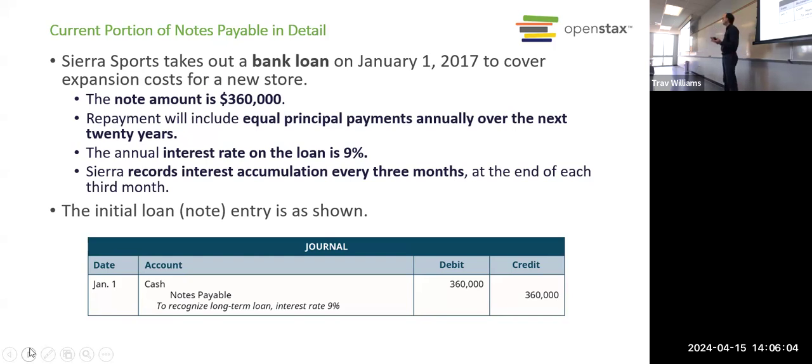So you would just divide 360,000 by 20, and you get your annual principal payment amount. There are other ways to do it. Like you can amortize, but we'll get into that in a future chapter.